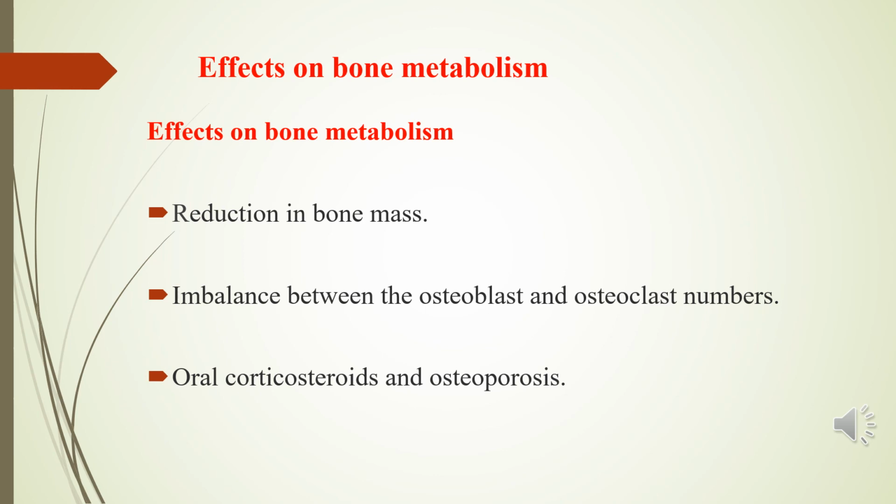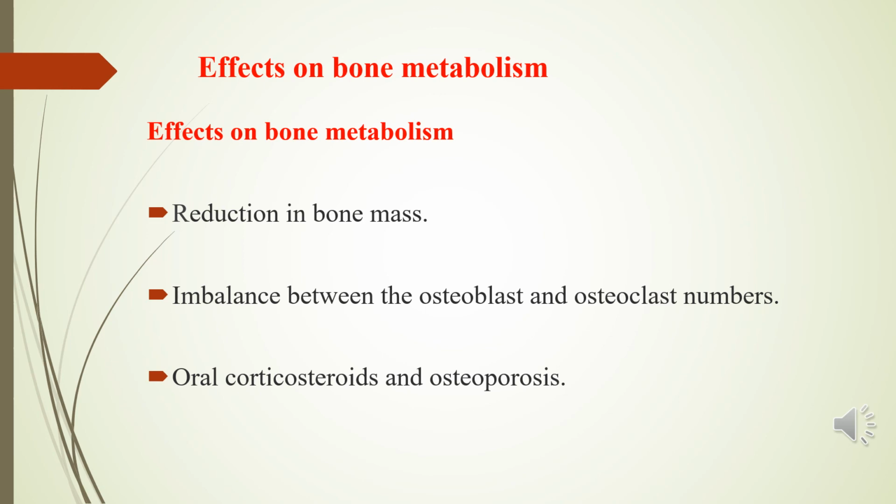So this reduction is due to an imbalance between the osteoblast and osteoclast numbers. Osteoblasts are the bone forming cells, and the osteoclasts are the bone degrading or bone resorbing cells. And it also acts indirectly by suppression of the pituitary gonadal axis.